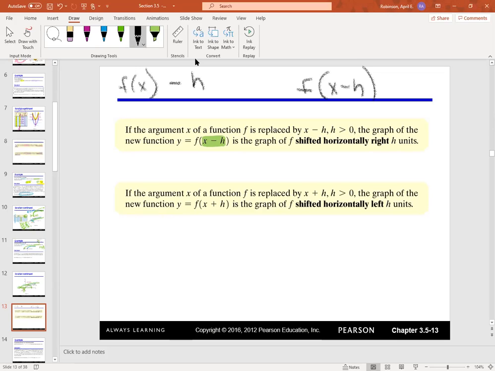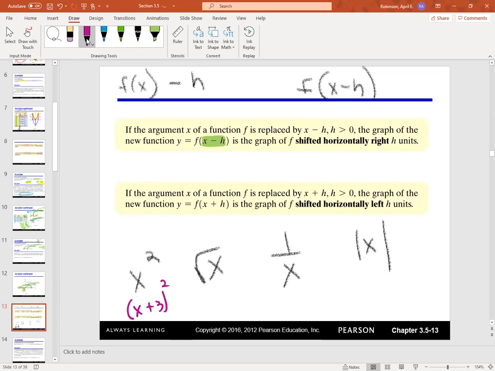Whether you're dealing with an x squared or the square root of an x or a 1 over x, or an absolute value of x, it'll look something like x plus 3 squared, or the square root of x minus 2, or 1 over x plus 1, or the absolute value of x minus 5. It'll be right with the x, not separate from it.